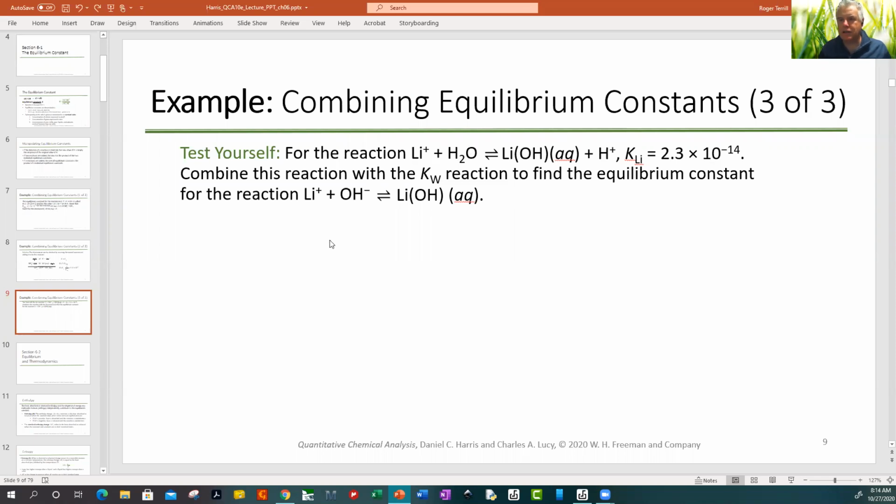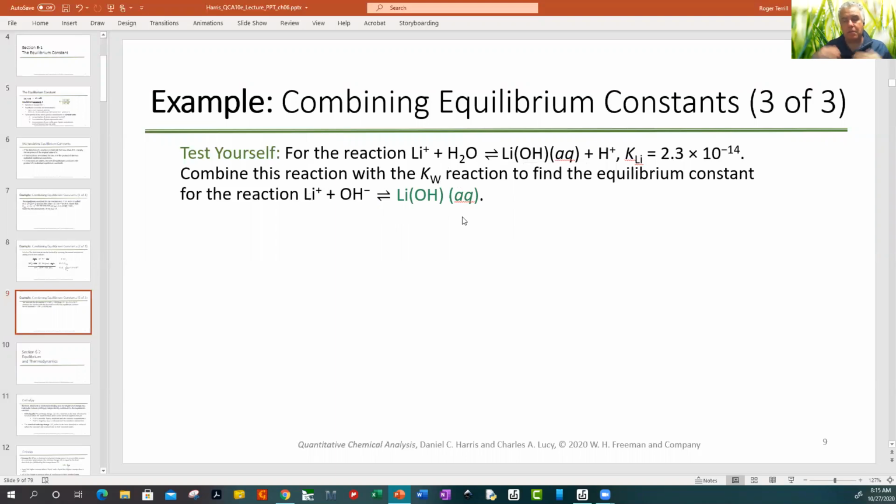So let's do this exercise here to find the K value for lithium plus hydroxide makes lithium hydroxide aqueous. This is another weird twist in this problem, because lithium hydroxide aqueous is not the same as solid lithium hydroxide.